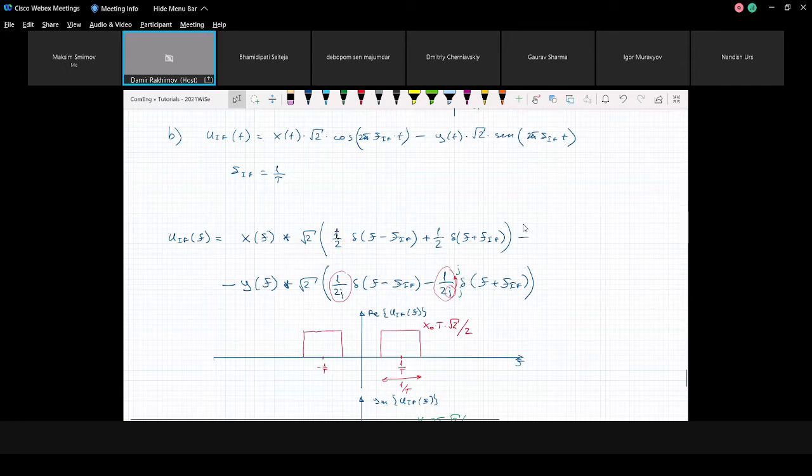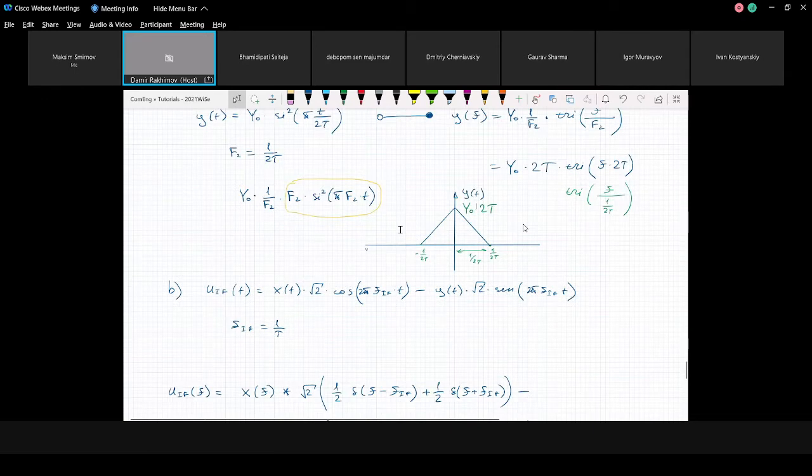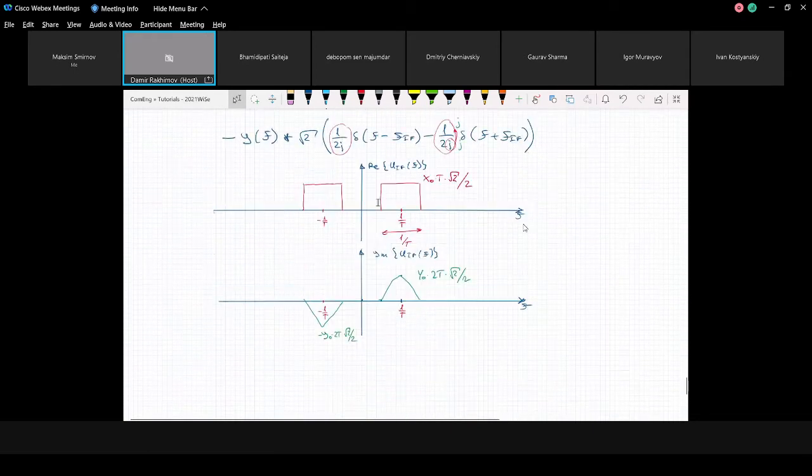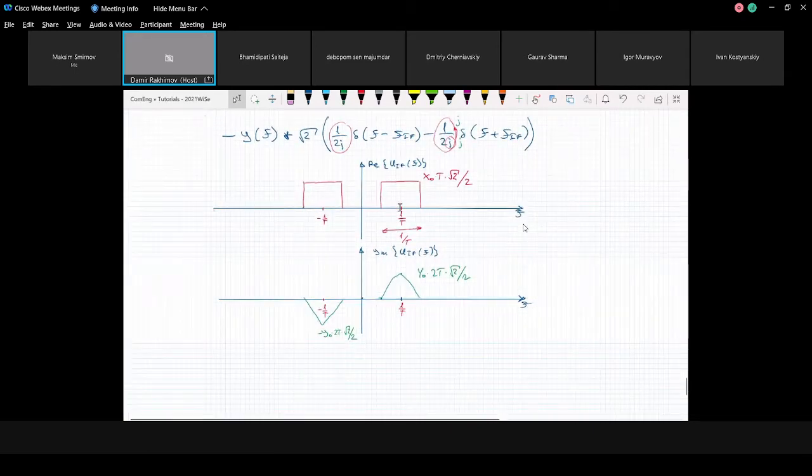So we have to shift our signal to the right and to the left, and then also we have to multiply by amplitude square root of 2 over 2. Take our original rectangular pulse, shift it to the right by the frequency 1 over T, shift it to the left by frequency minus 1 over T, and normalize by the scalar square root of 2 over 2. So this is our result.